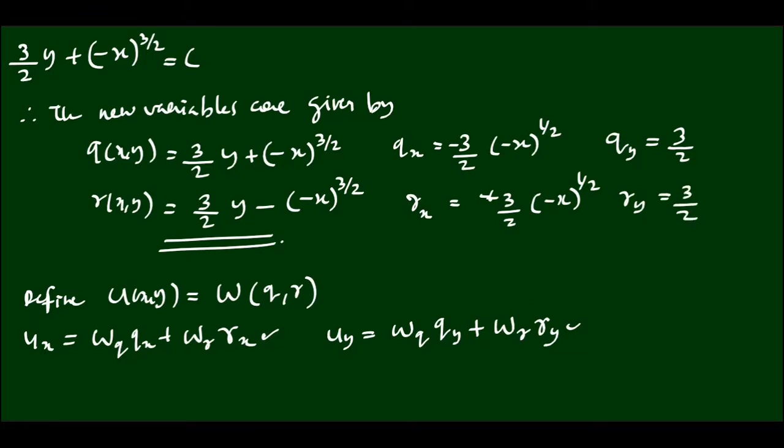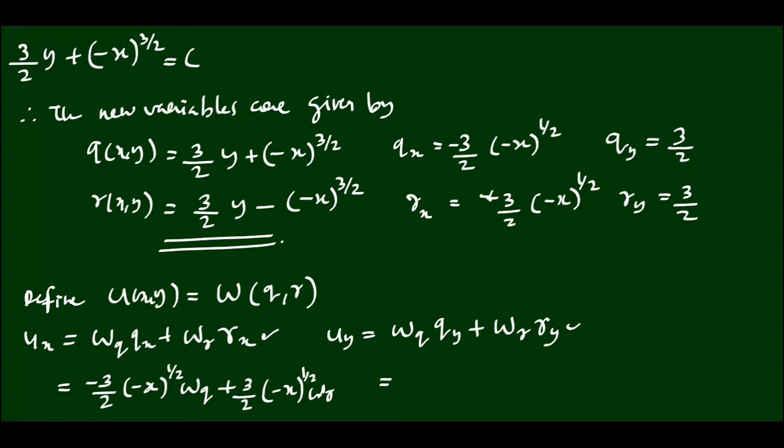So substituting these in ux and uy, we will get ux equal to minus 3 by 2 into minus x raised to 1 by 2 into wq plus 3 by 2 into minus x raised to 1 by 2 wr. Similarly, uy is 3 by 2 times wq plus 3 by 2 times wr.